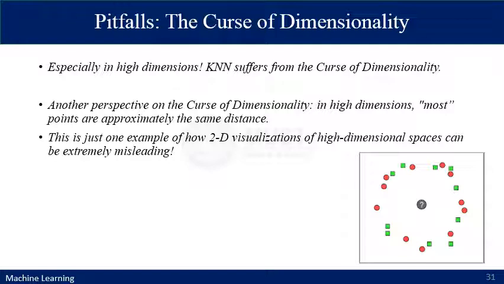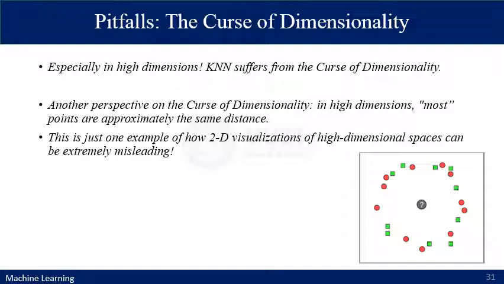Another perspective of the curse of dimensionality is that in high dimensions most points are approximately at the same distance, but they are farther away in the lower dimensions.